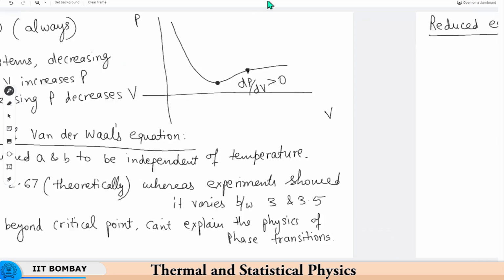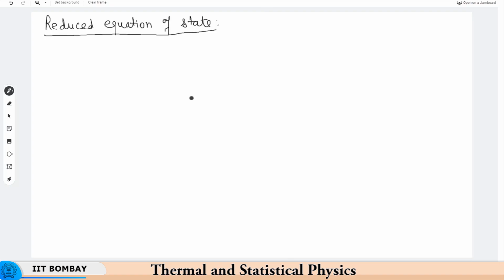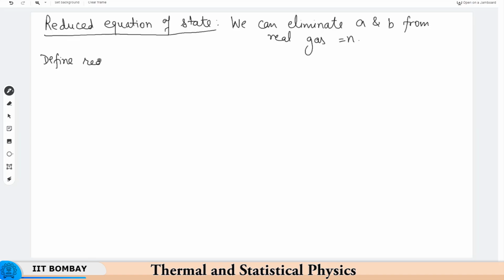All right, so let me define that. We can eliminate A and B from the real gas equation. And how do we do that? We can define reduced variables.